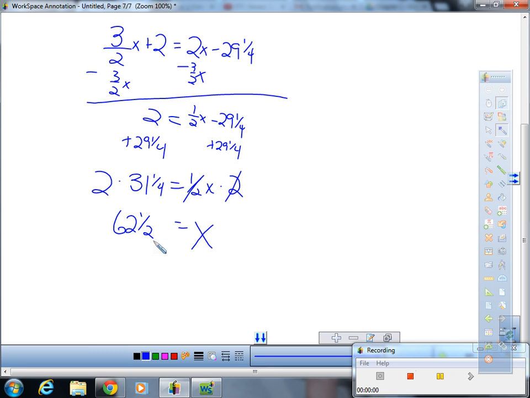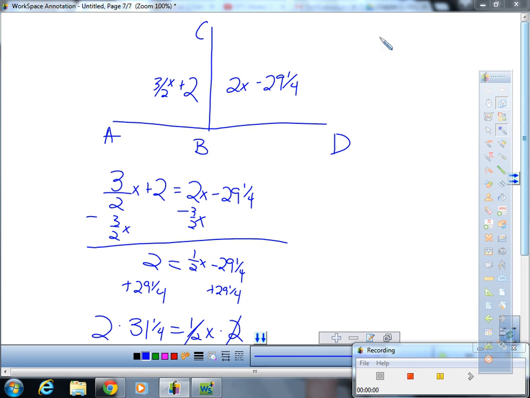Now we're not done yet, because it's asking us for the angle. Let me turn that into a decimal. 3/2 times 62.5 plus 2 is 95.75.